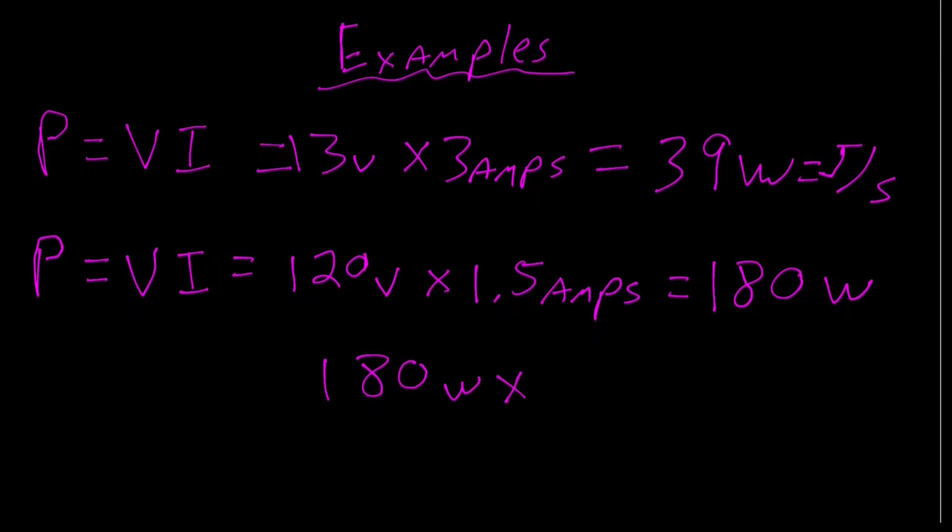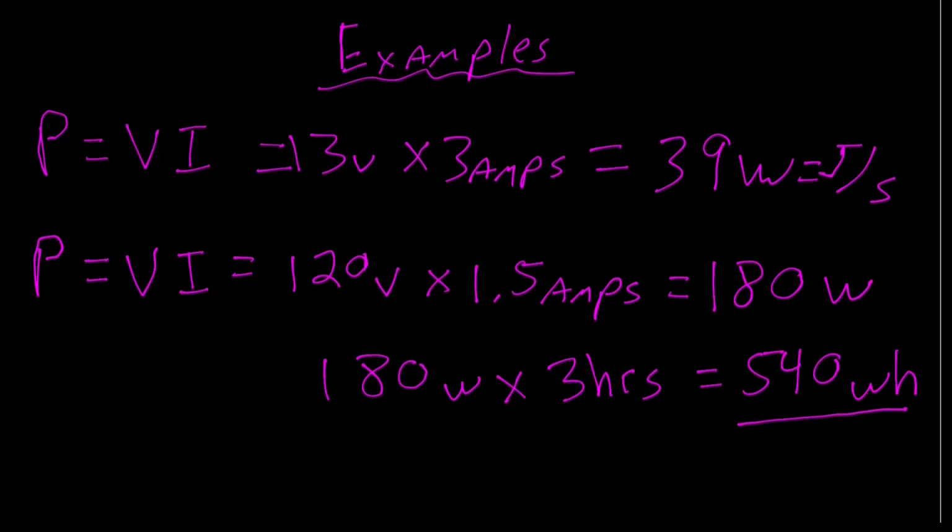So for this, we're going to be using 540 watt hours of energy. So this is energy because it is no longer a rate. So we ran the light bulb for 3 hours and we consumed 540 watt hours.